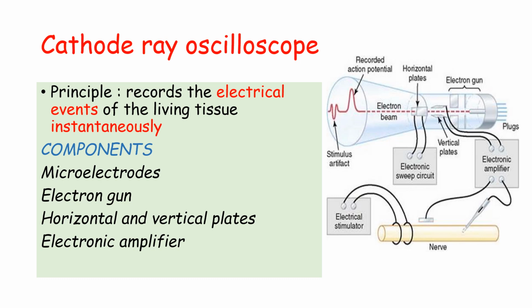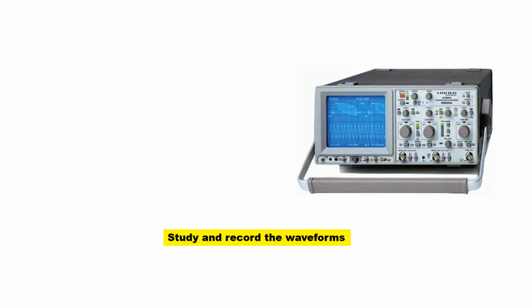Then we have the charged vertical and horizontal plates along the path of the electrons, and we have a microelectrode for recording of the nerve potential, and the electronic amplifier, as the name suggests, to amplify the potential that has been received.